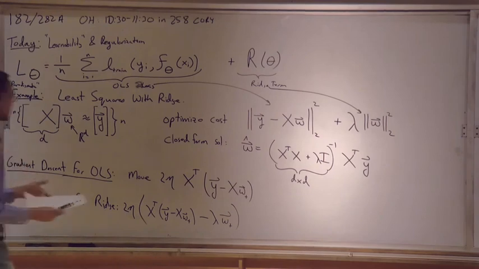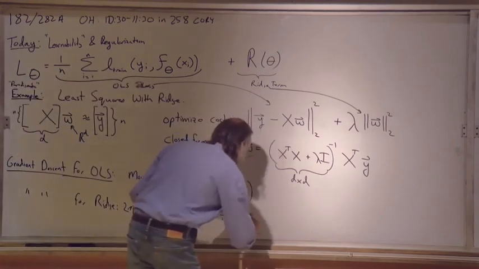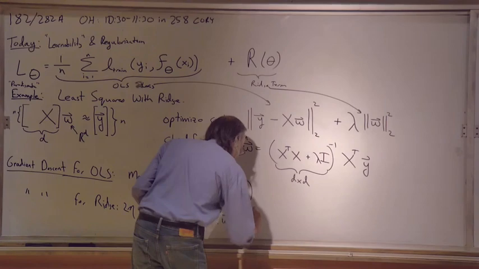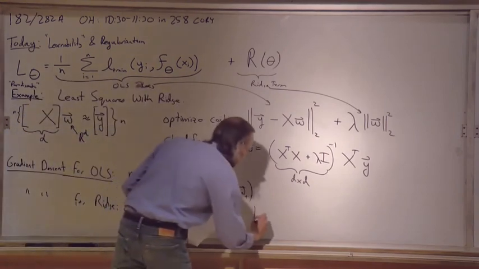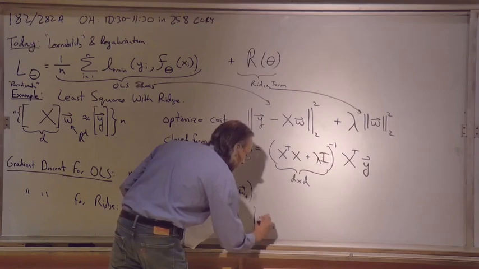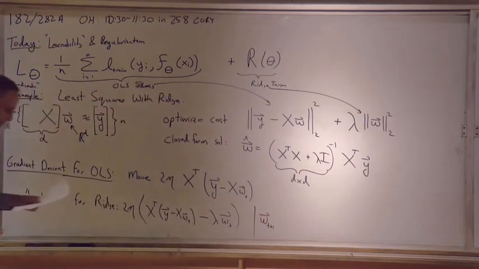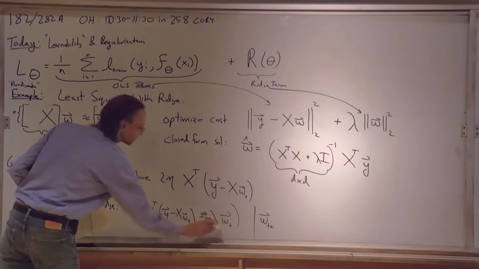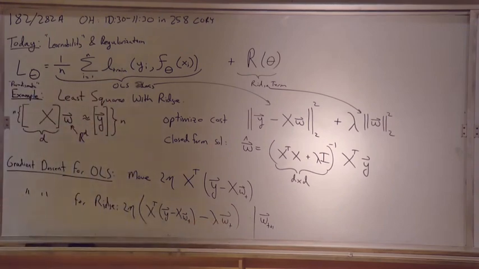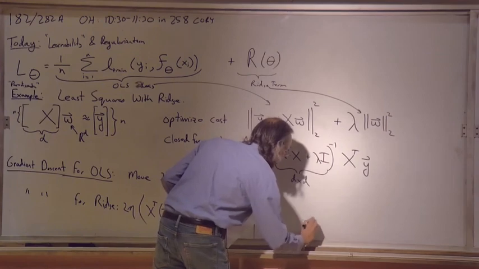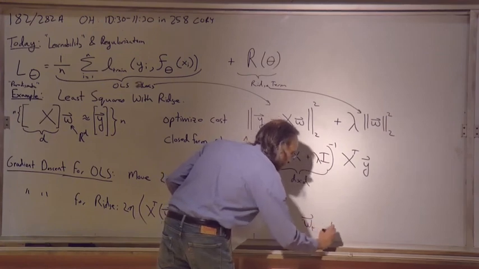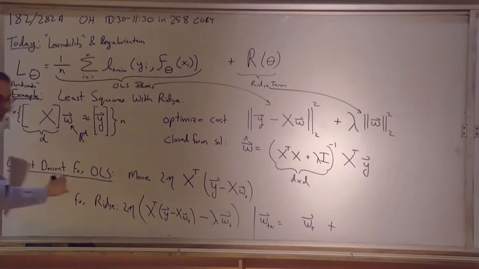So let's look at the iteration. Wt plus 1, the next weight, is the old Wt plus the thing that comes from the gradient descent.